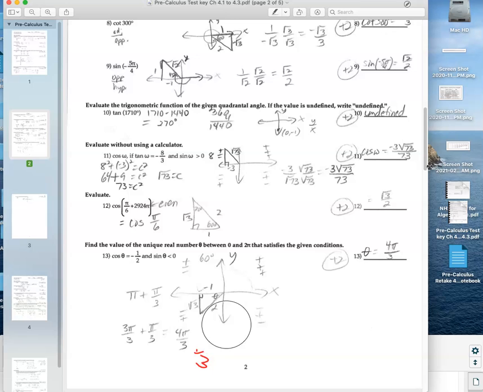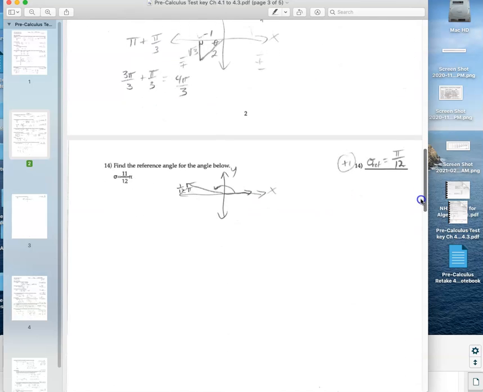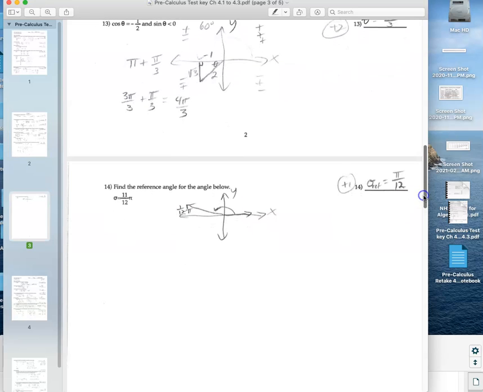All right, let me erase this. And I believe this is the last one on the non-calculator part. Yes, it is. All right, so find the reference angle for the angle below. What we have here is 11/12 pi, which is written the way we're supposed to think about it.